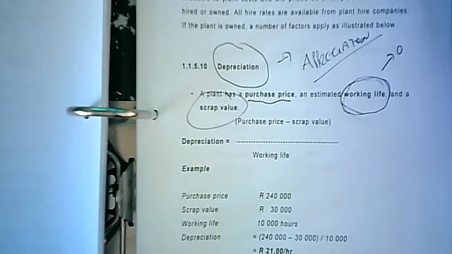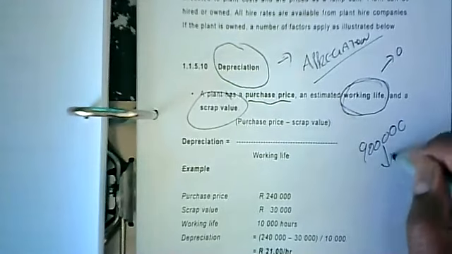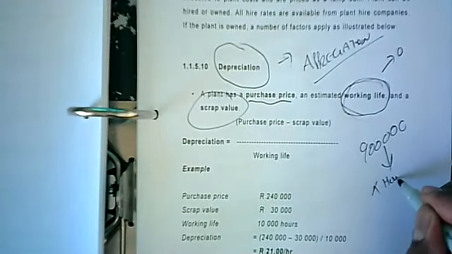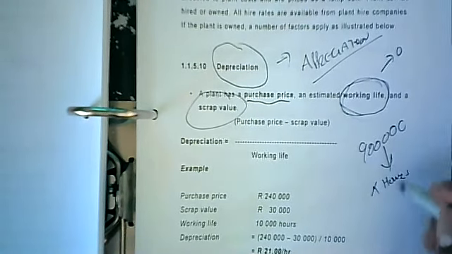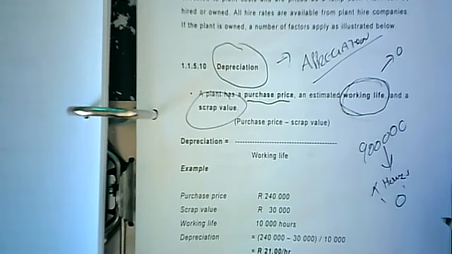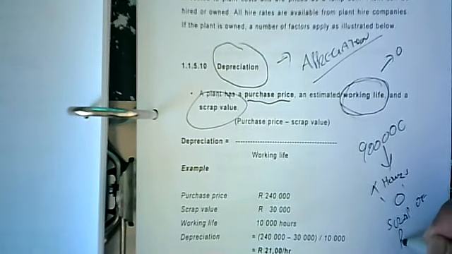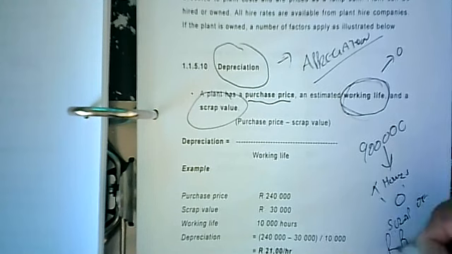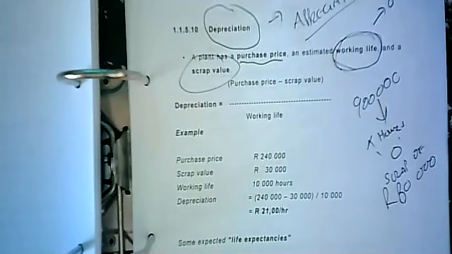It has a scrap value, which means if you buy a plant for 900,000 and after X amount of hours, the accountants tell you it now has a value of 0 from an accounting perspective, but has a scrap value of 80,000 Rand, which means it's still being used.